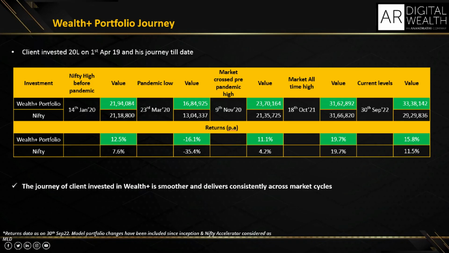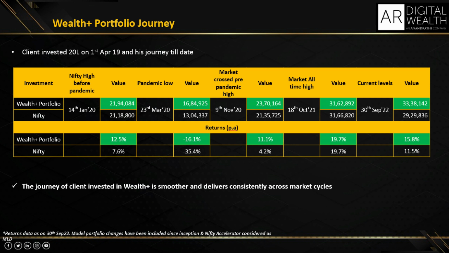From there, if you can see 23rd March 2020, which is the pandemic low, when the Nifty reached about 7,600 level, the fall of market was about 35%, but this portfolio fell by only 16%. That's the benefit of MLD combination along with the mutual funds. And from there, if you see the 9th November, which is again pre-pandemic high, and 18th October, which is the all-time high of about 18,000 Nifty level, you can clearly see it has outperformed the market.